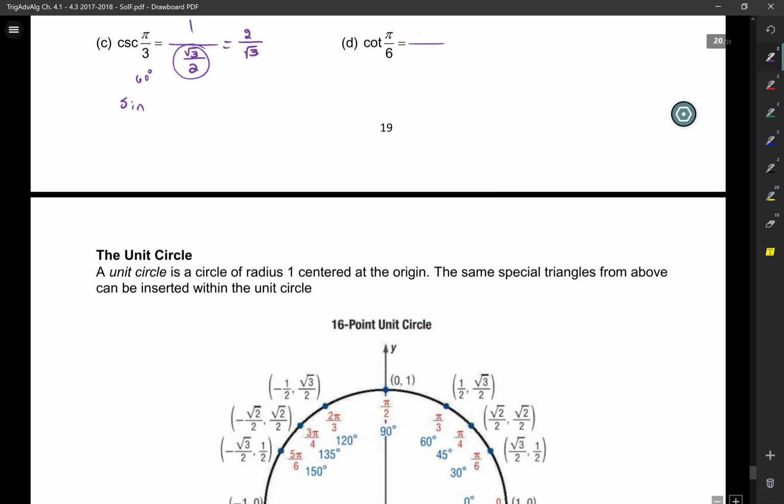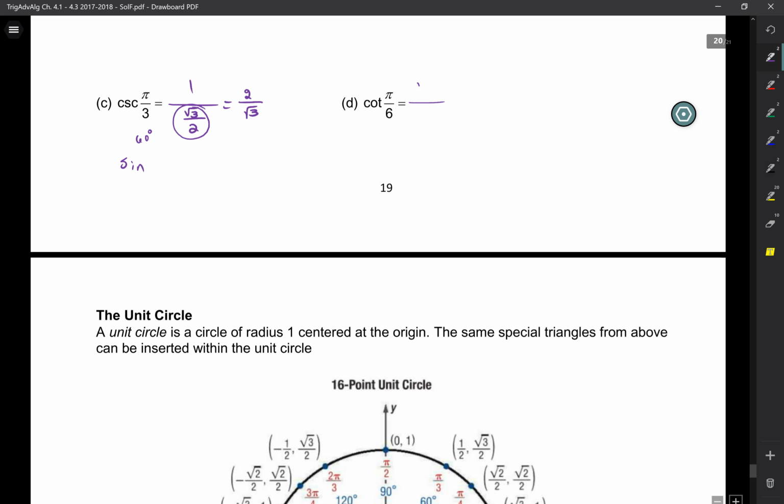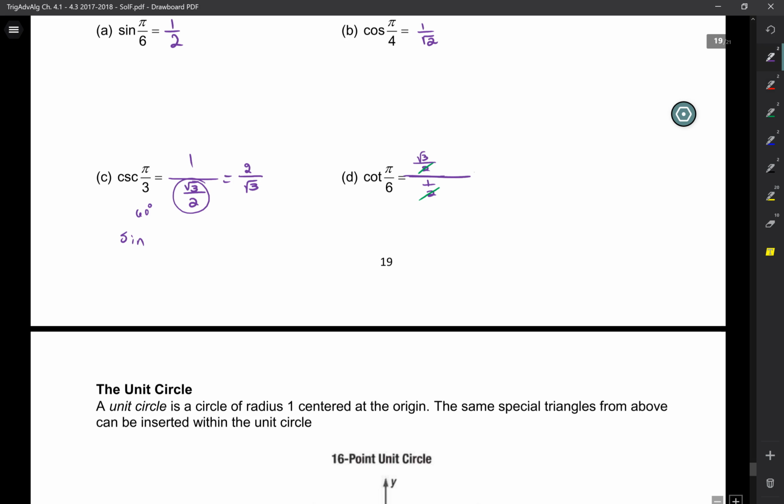So it's √3/2 divided by 1/2. Right, now if you have the same denominator, you just cancel them out. So now, what's left on the top there? Just a √3, and on the bottom is a 1, so it's just √3. Okay?